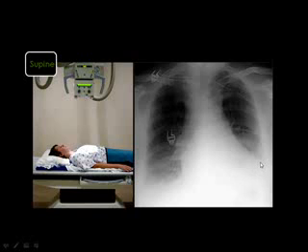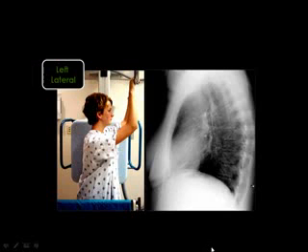Then whenever interpreting the chest X-ray of these patients, we should consider that the cardiac shadow will be magnified because of two conditions. The heart is away from the film, and the patient cannot take a full inspiration. Then the diaphragm will be elevated, and you expect some flattening of the cardiac shadow.